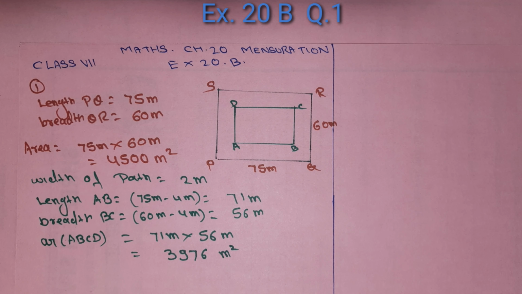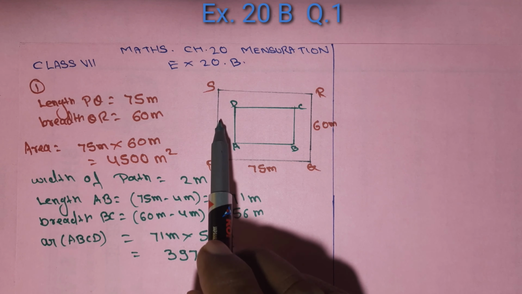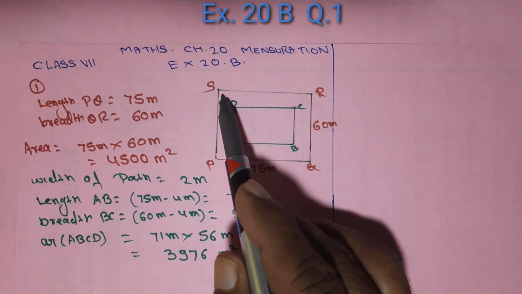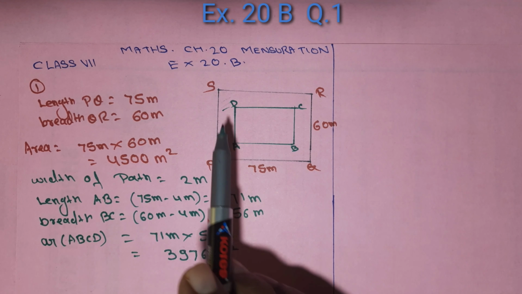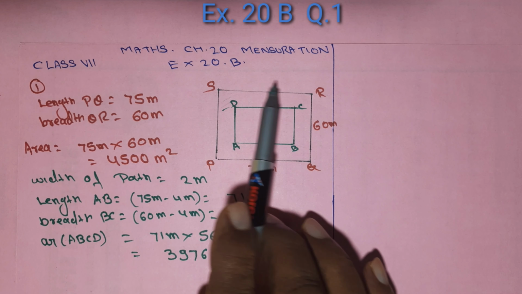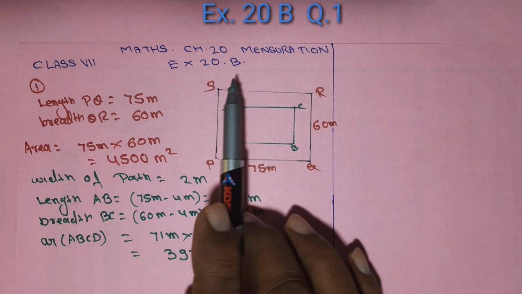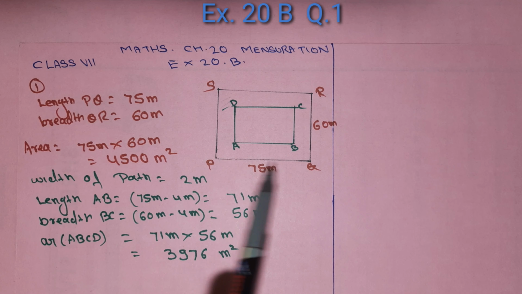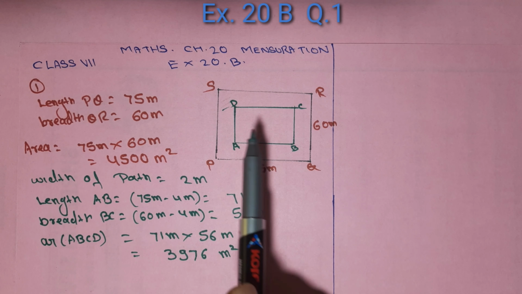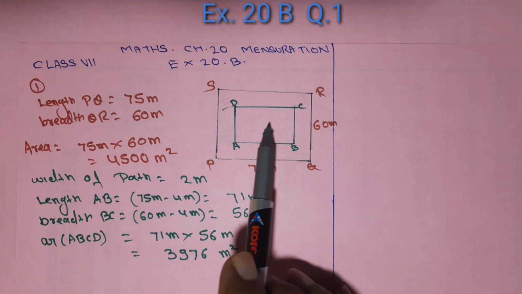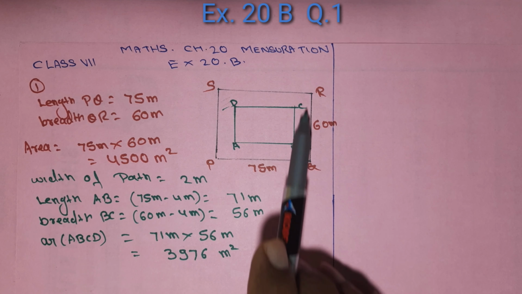Now we have to find the area of the path. What will be the area of this path? This lining is the path. If you subtract the smaller rectangle from the bigger rectangle, PQRS is the complete area. If you remove this inside area, that will be the area of the path.